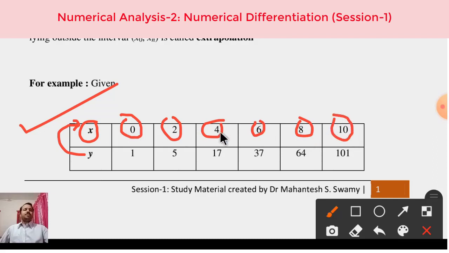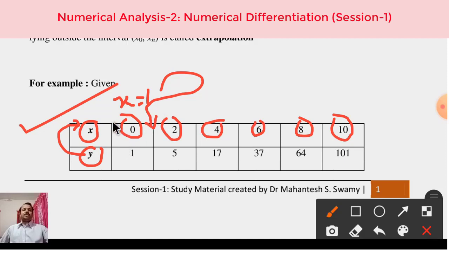So apart from these values of x, we may choose x equal to, say for example, 1. What is the value of y when x is equal to 1? That process of finding the value of y at x equal to 1 is called interpolation, because this value of x is in between the values in the table. So therefore the process is interpolation.